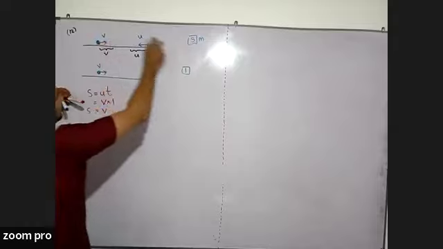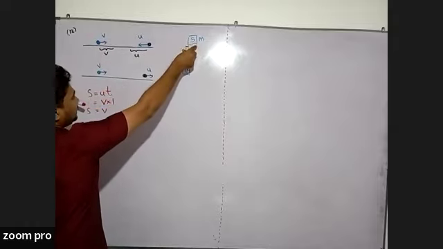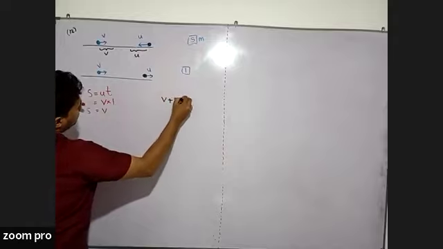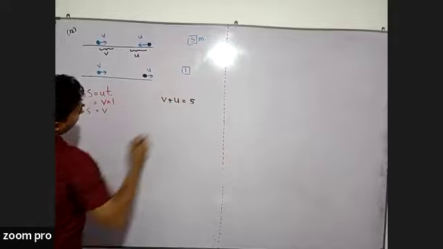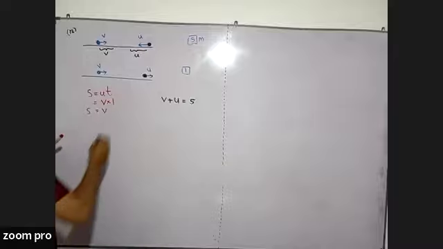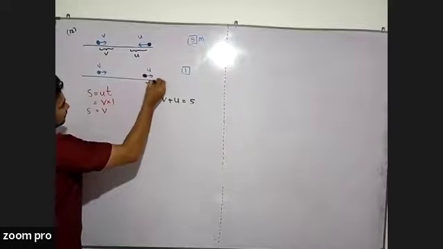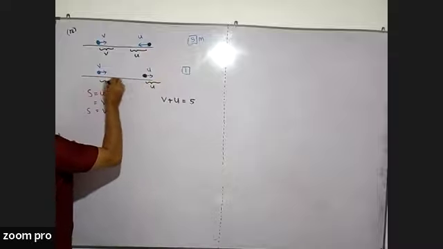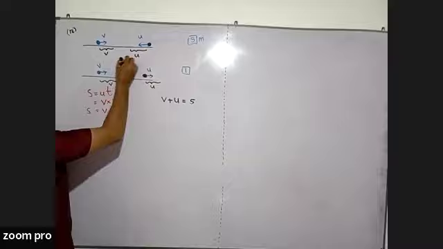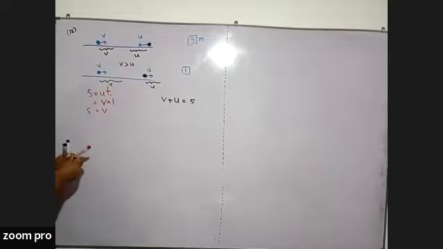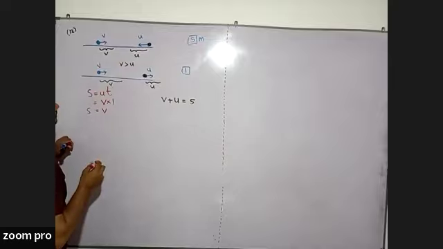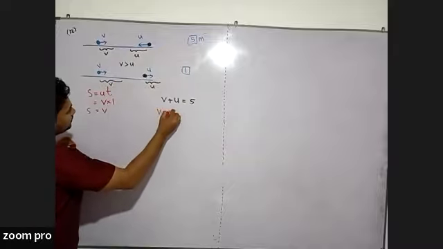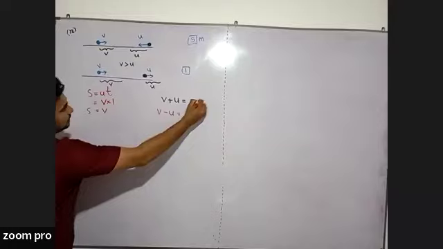So if they get closer by 5 meters each second, that means v plus u can be considered as 5. Let's assume that this is the travel of this object in 1 second, that is u, and this one is v. If v is greater than u, then the difference between these two should represent the 1.